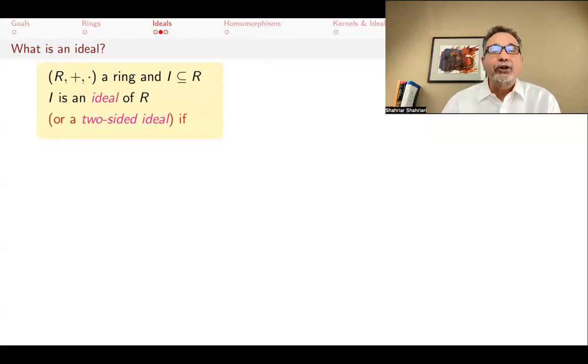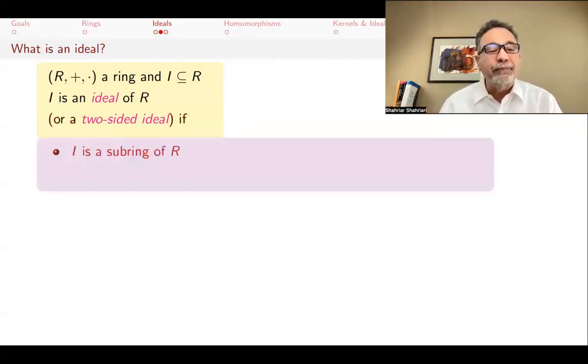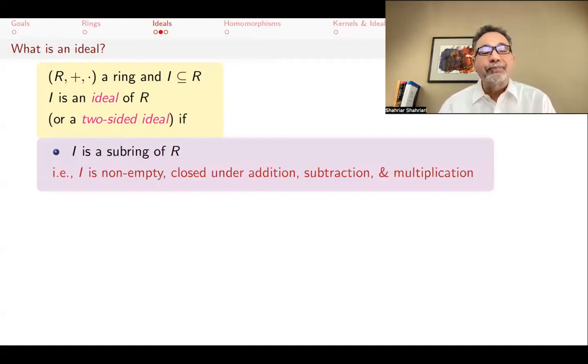And we call it an ideal or a two-sided ideal, because in the cases where the multiplication is not commutative, we can have left and right ideals, and I'll mention that in a second. So first of all, it has to be a subring, so it has to be closed under addition, multiplication, and subtraction, and it has to be non-empty.